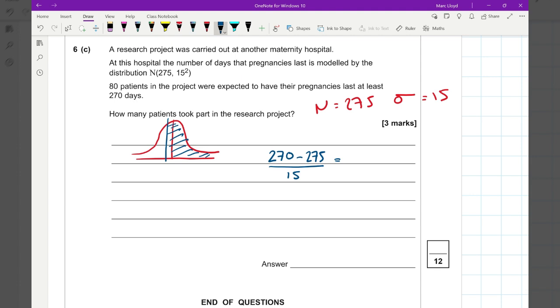So 270 take away 275 divided by 15 gives us negative 0.3 recurring. So we need to find the probability of Z being greater than negative 0.3 recurring, because this is where it will be on that graph.